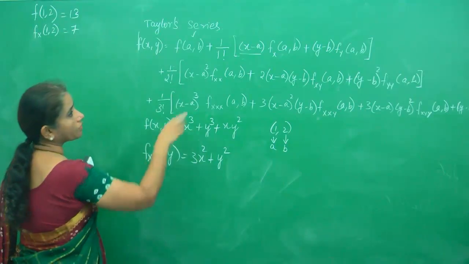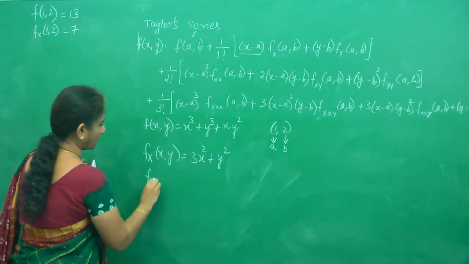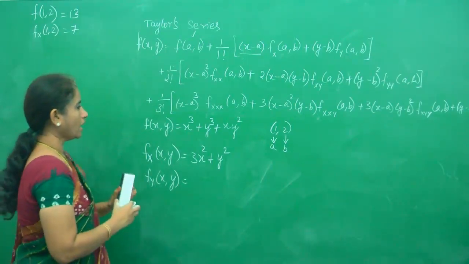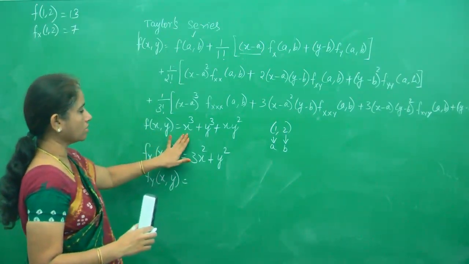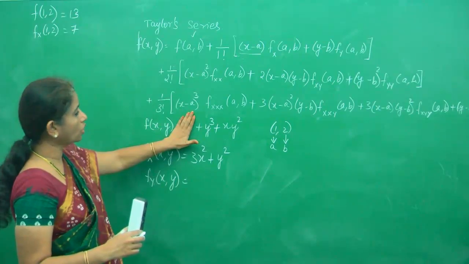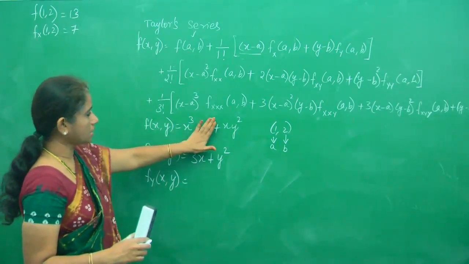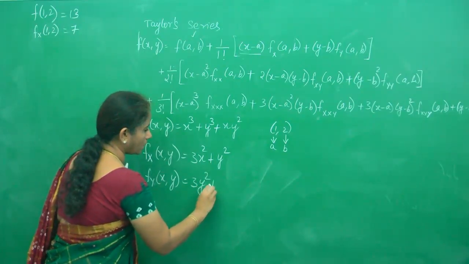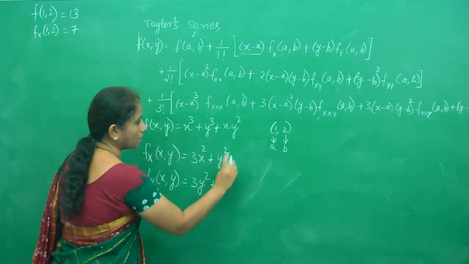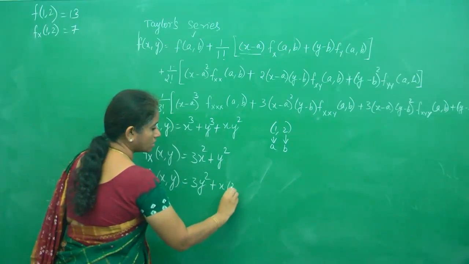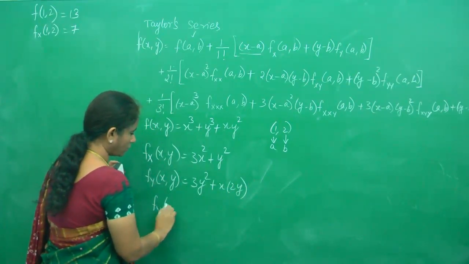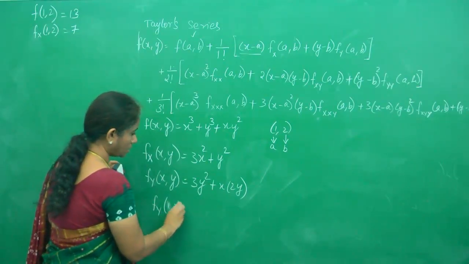Okay, now I have to do fy of a, b. So for that, let me do fy of x, y. Fy of x, y means x is a constant, so this derivative is 0 and this y cube derivative is going to be 3y square plus x is a constant and y square derivative is 2y. Now I want fy of 1, 2.